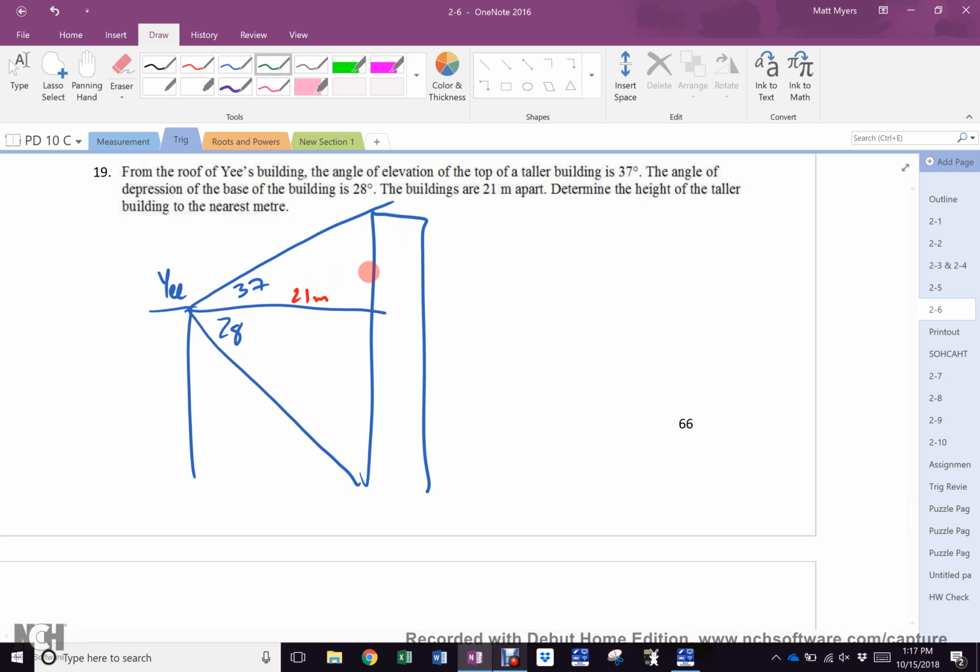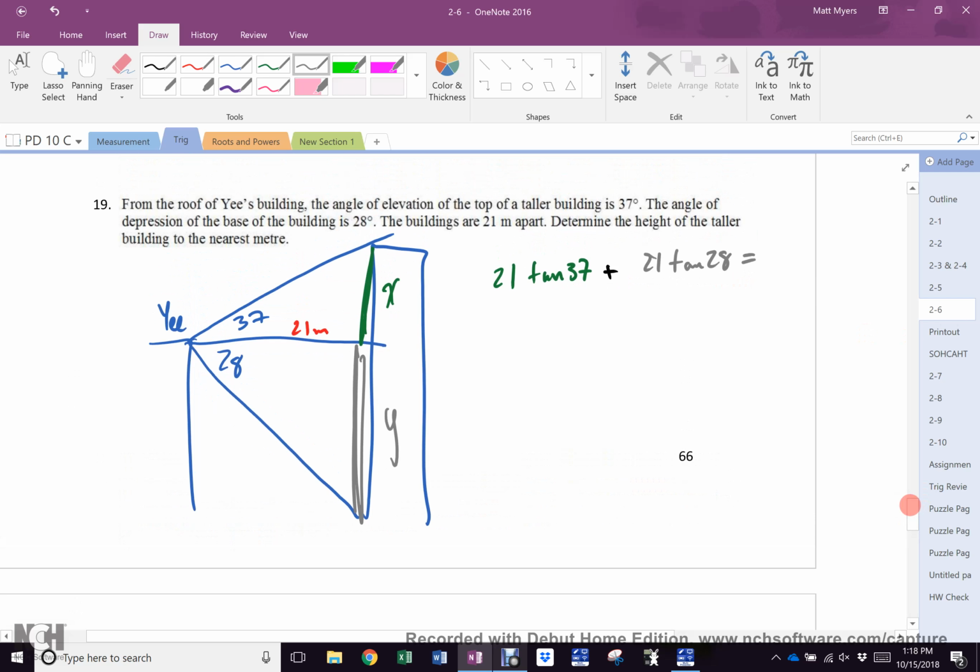So I need X and I need Y. X is 21 tan 37 plus Y is 21 tan 28, and then I add them. We spent the whole day on Friday practicing how to do this without a calculator, so you could write it out. And the answer is something like 27 meters.